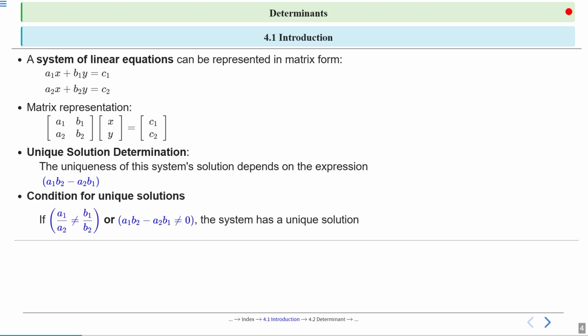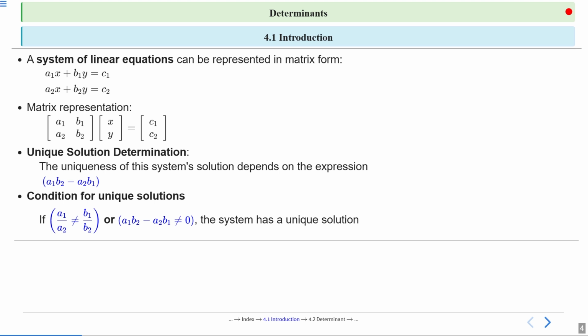If a1 b2 minus a2 b1 is not equal to 0, that is a1 by a2 not equal to b1 by b2, then this system has a unique solution. Okay. So if we have a system of linear equations, we can solve it algebraically or by any other method and find the values of x and y.